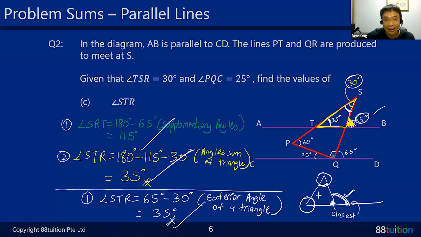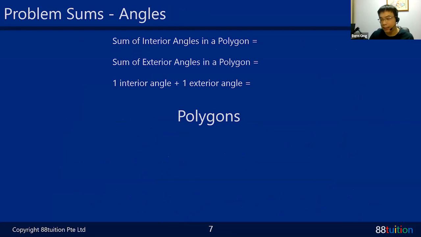Next one is polygons. What are polygons? Polygons are shapes with more than two lines. More than two lines means what? Three lines makes a triangle.